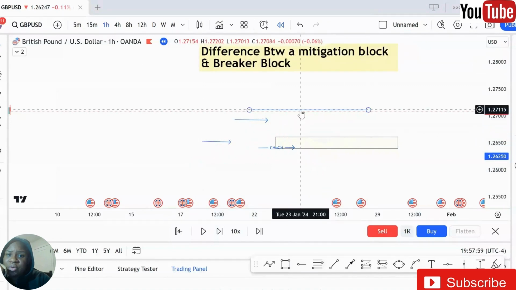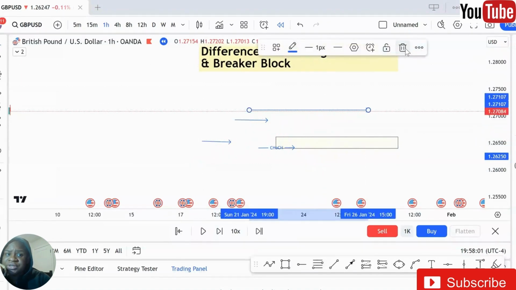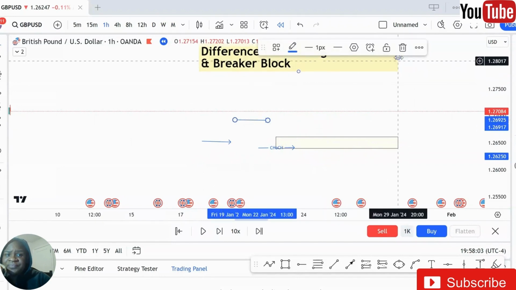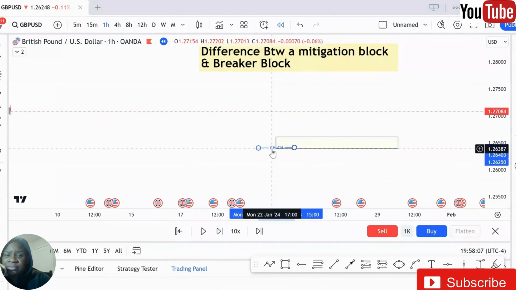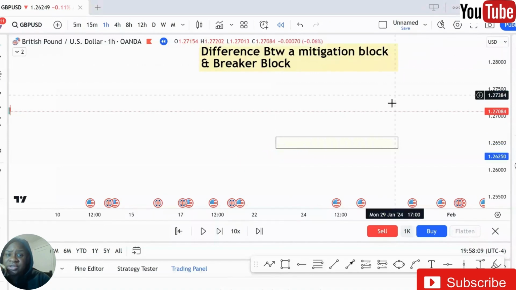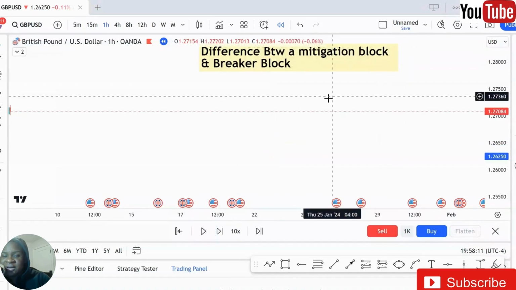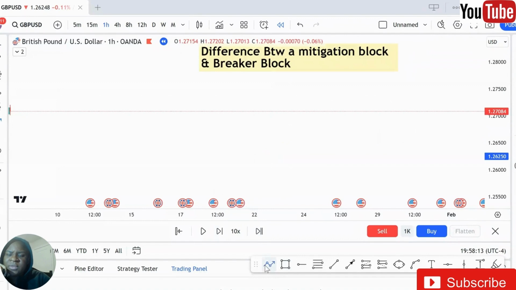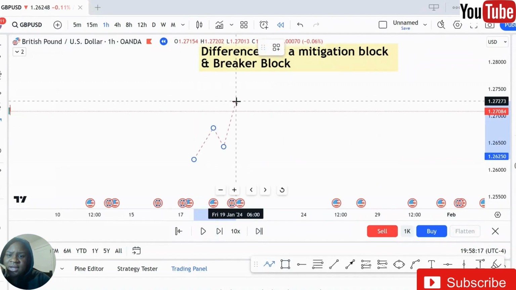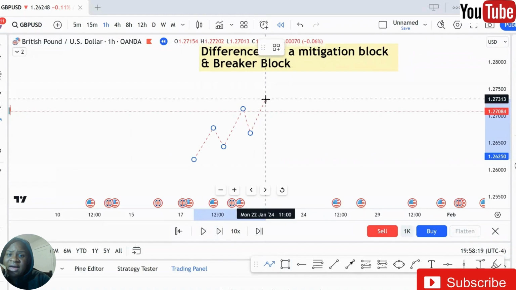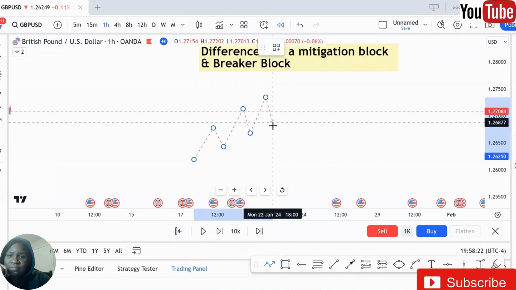Now, how do you know a breaker block and how do you trade a breaker block? Like I said, it's something that you know, right? But you feel like you're not getting it, but you know it, because this is what I struggled with myself and it took me time to understand how it works. Now we know how market goes: higher high, higher low, higher high, higher low, higher high, higher low, right?